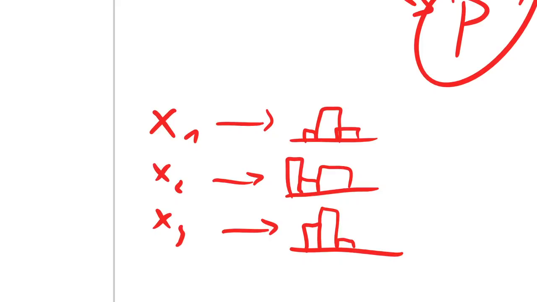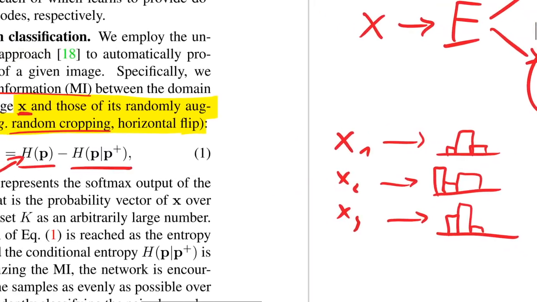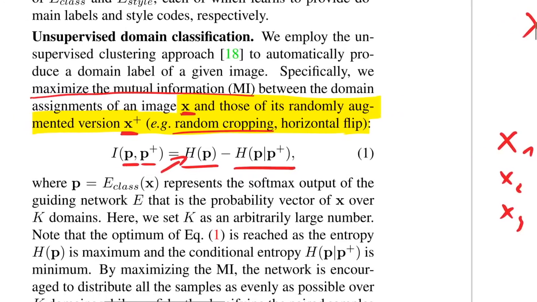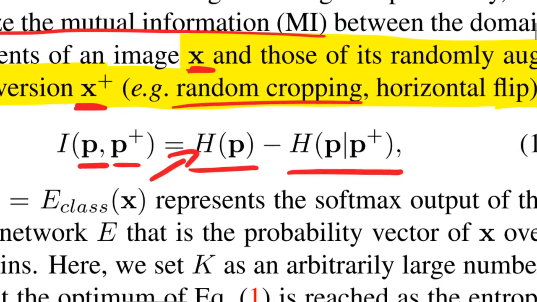If this is low, then that would mean all the images basically get assigned to the same class, and that's not good. Since we don't have labels, our classifier is basically a cluster. We want our clusters to sort of fill the space of possible clusters with the images. So that's the first thing.